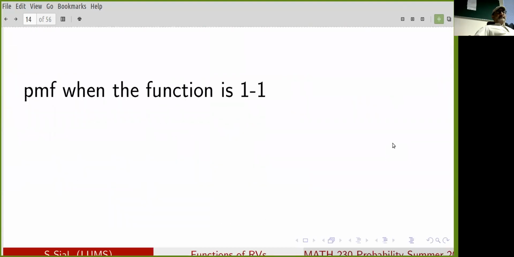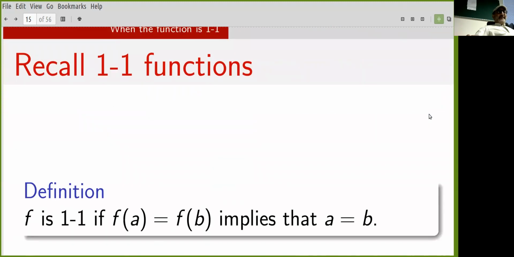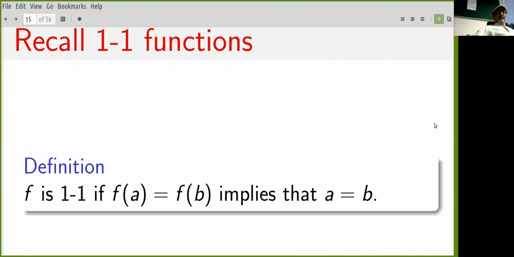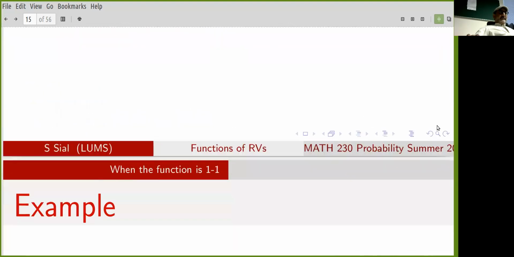Now, when the function is 1-to-1, figuring out the PMF takes a particular form. So we consider that a special case. I should remind you what 1-to-1 means. 1-to-1, or injective: a function is 1-to-1 if f of a equals f of b implies that a is equal to b.